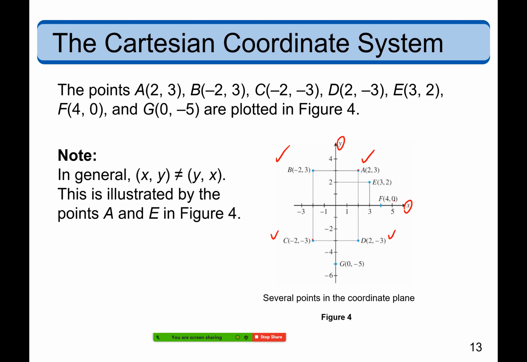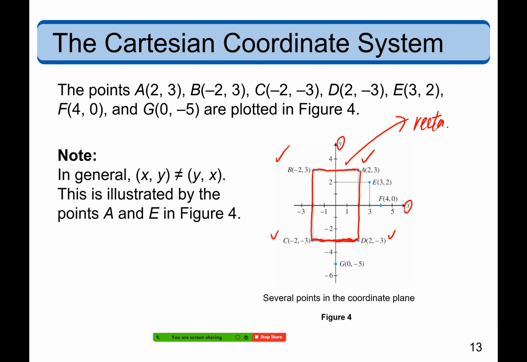And then point A and point D are symmetrical with respect to the x-axis. And if you just look at this right here, what do we call this? It's a rectangle, right? We call this a rectangle.